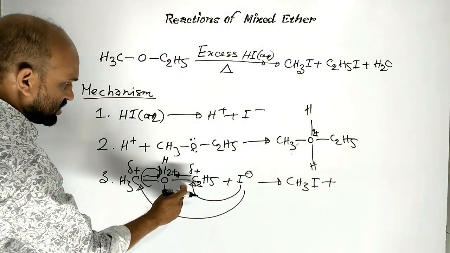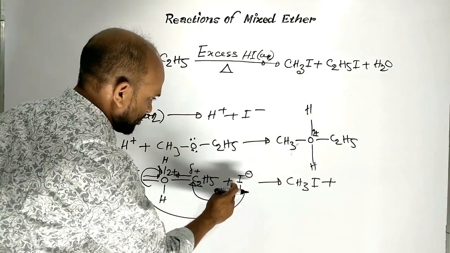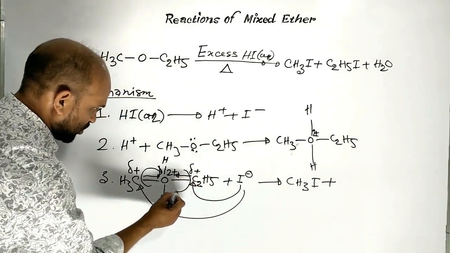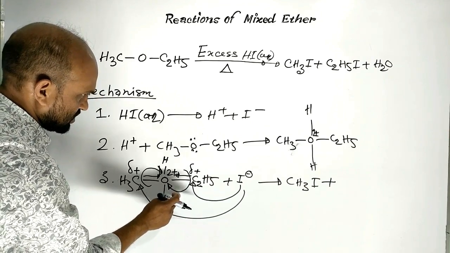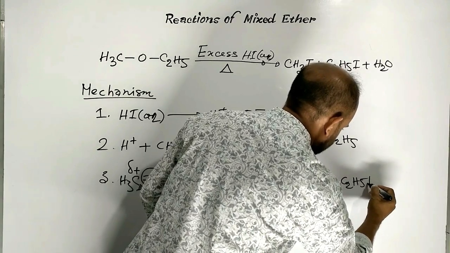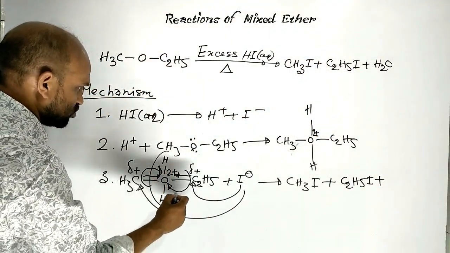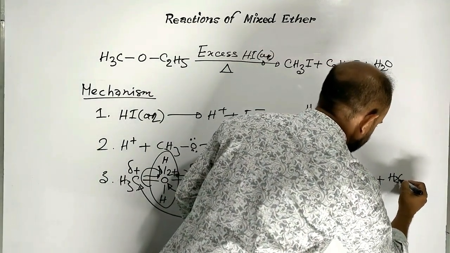At the same time, when ethyl group carbon is attacked by another iodide ion, then this oxygen carbon bond suffers heterolytic fission. As a result, ethyl iodide is formed and water gets free as byproduct.